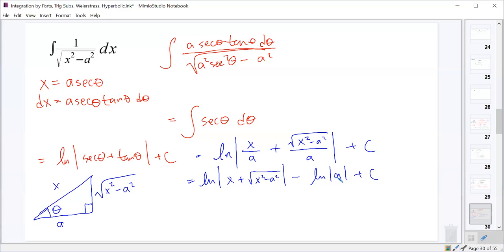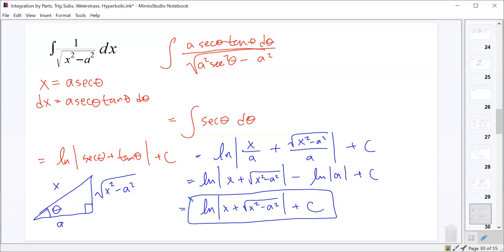It's a constant. So if I have minus a constant plus some other constant, that's just like adding some constant. So we could say this equals natural log absolute value x plus root x squared minus a squared plus some constant. Good or no?